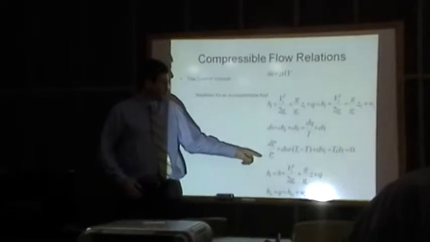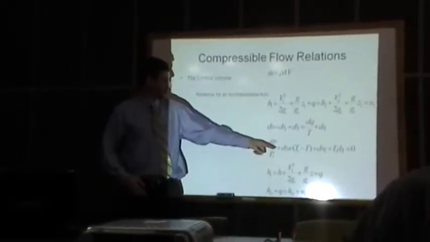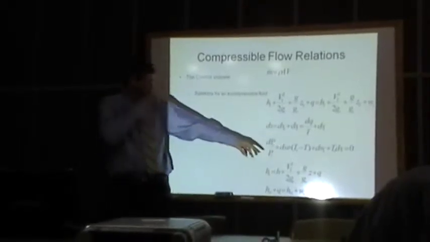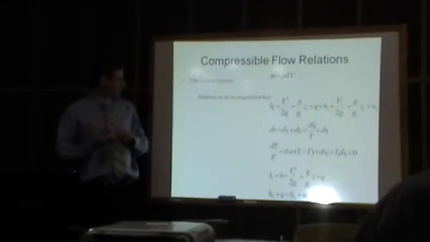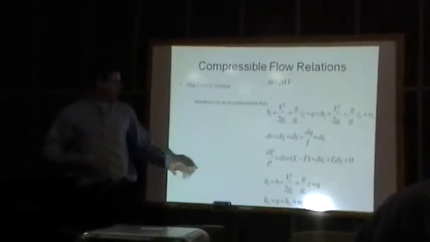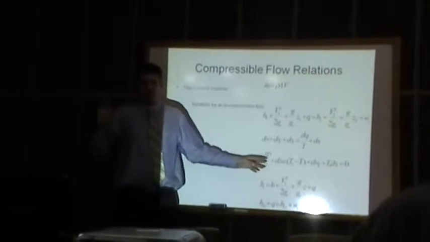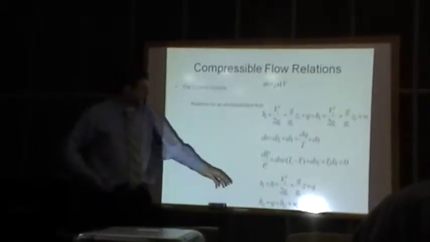This is a stagnation pressure energy equation, which I'll talk a little bit more about, but that's used to create the further theory of Fanno flow and Rayleigh flow. It's not easily recognizable in those two theories, but it's used to build that theory.